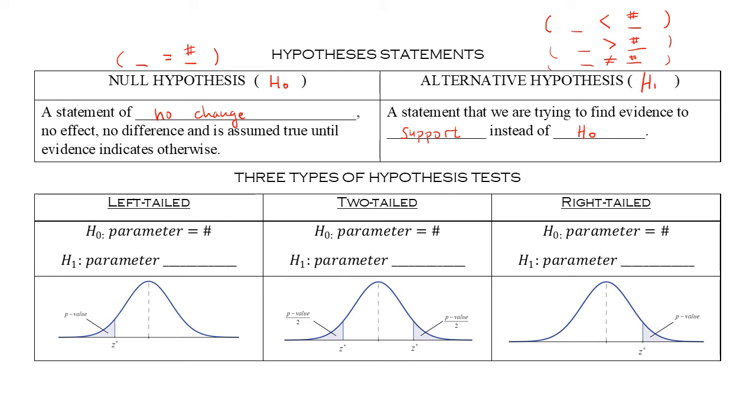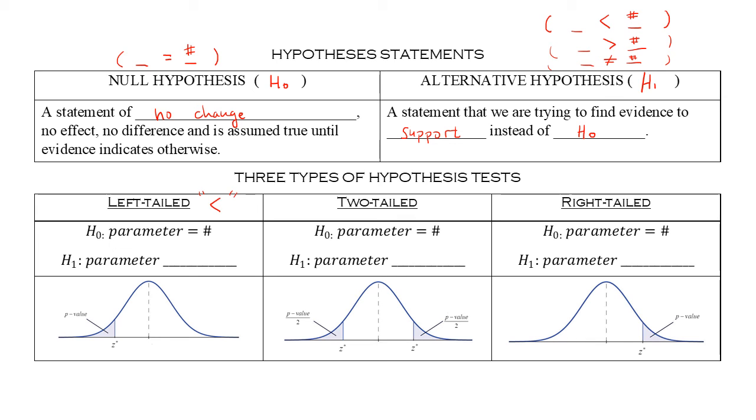In each of these three cases, we're going to visualize in the graphs below exactly how we're calculating the result that we're going to use to interpret the hypothesis test. In the left-tailed situation, we involve the less than symbol.